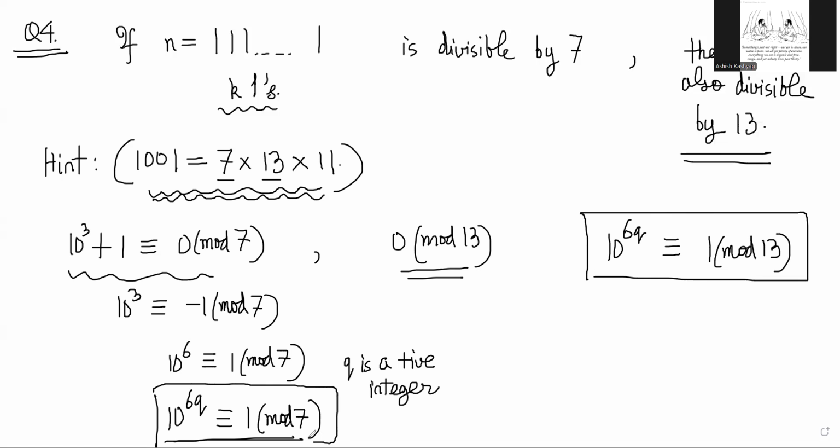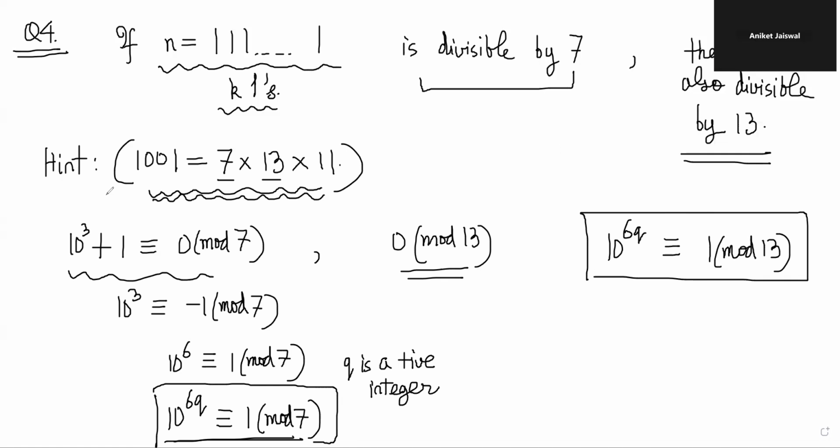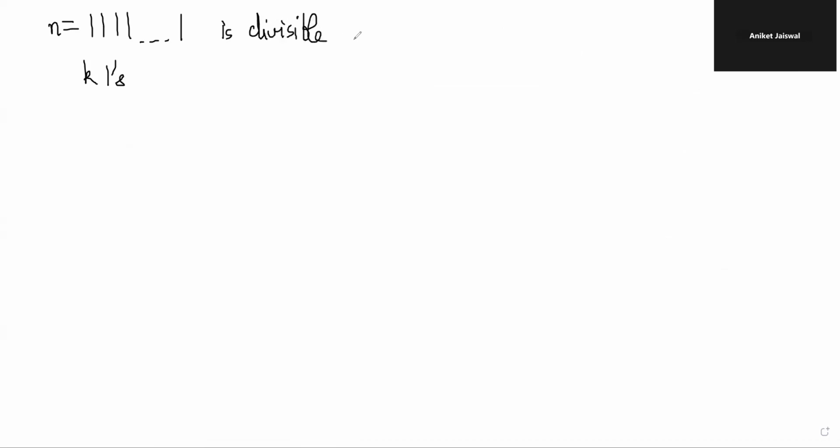And now we have to think of the problem where we have numbers like this and it is said that it is divisible by 7. So let's think about it. N is 1, 1, 1, k ones, and it is divisible by 7. There is an easy way to handle such numbers.